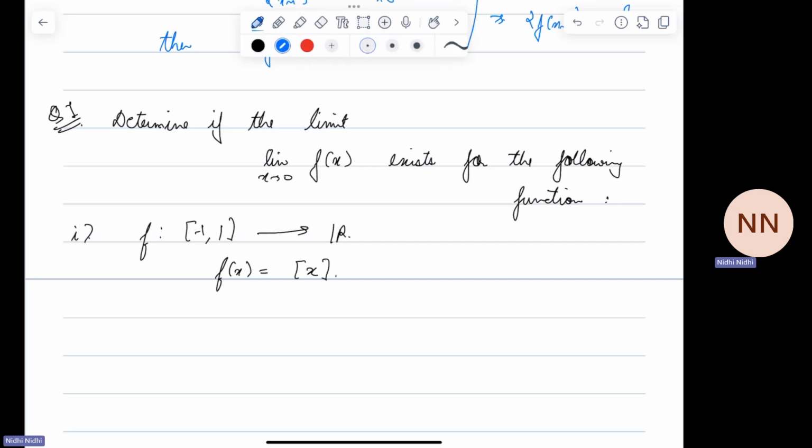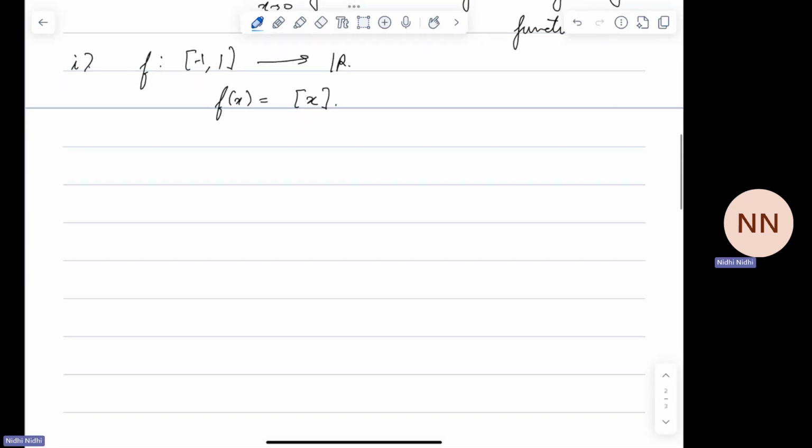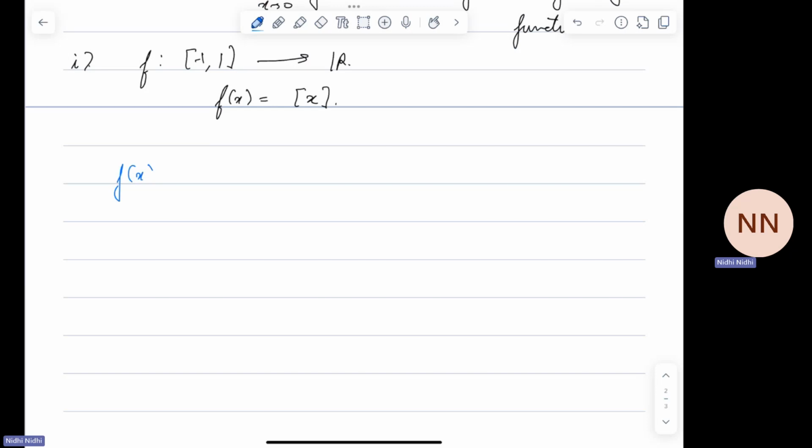So firstly, let's see how this function looks like. We all know that this notation, greatest integer function, gives the value of the greatest integer which is less than or equal to x.